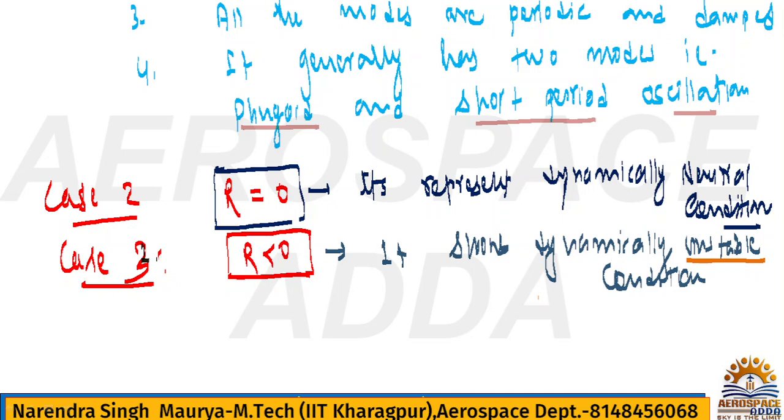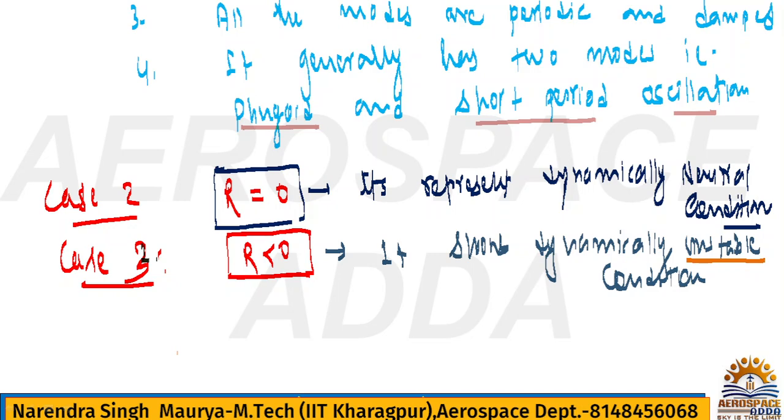Okay. Now coming to this. So what is the point? For this we need to write the point. If r is less than 0, that means Routh's constant is negative here. So first it is the dynamically unstable condition. And in this case, one of the roots having a complex pair with positive real part represents an undamped oscillation. Suppose we are getting roots: if power 4 is there, then 4 roots we will get. If power 3 is there, then 3 roots.